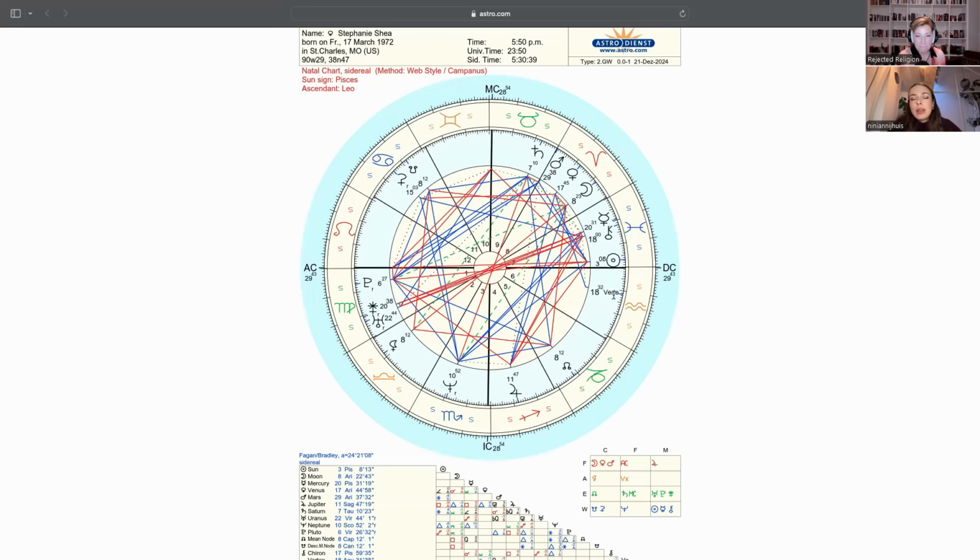I work more with Vertex in synastry charts, between people. I don't know exactly, because Vertex always goes around in either the eighth, the seventh, or the sixth house, which are all houses that have to do with other people, like relationships. So I don't know exactly what that would mean for a personal chart.